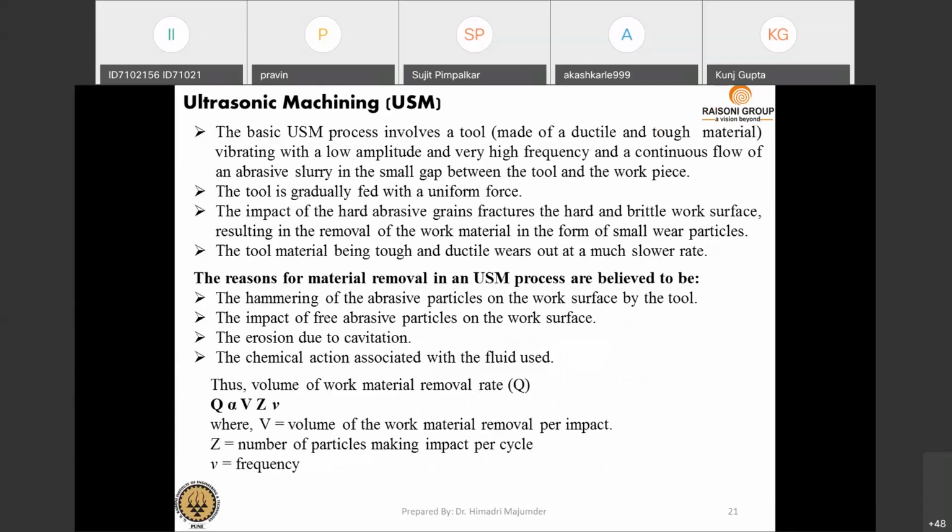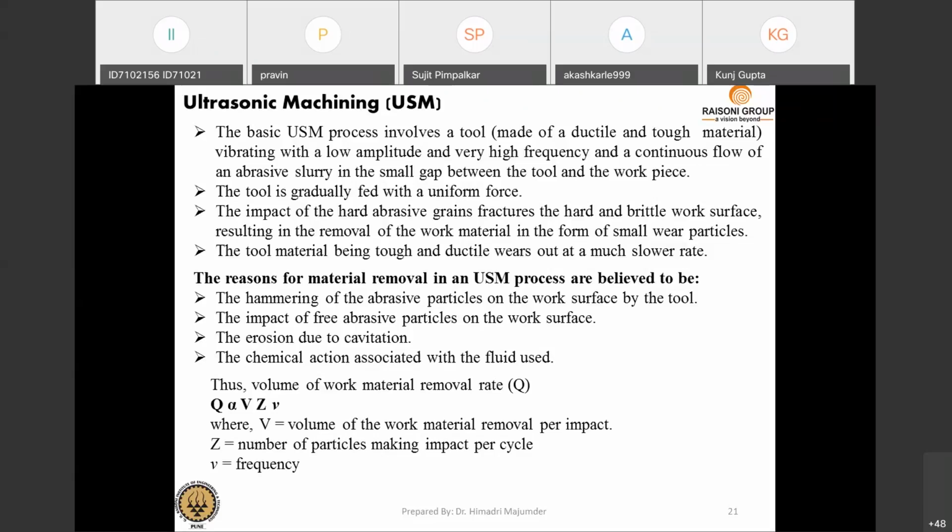In this way, the basic USM process continues. Again, I am repeating, the USM process involves a tough ductile material tool, which will vibrate with a low amplitude and high frequency. And below that, we will continuously flow the abrasive slurry.